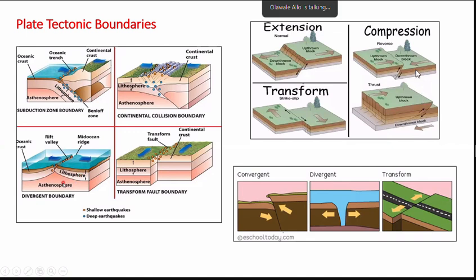Here is divergence. You can see they are separating. This one is transform; they are sliding against each other. This subduction and continental collision boundary are very similar.